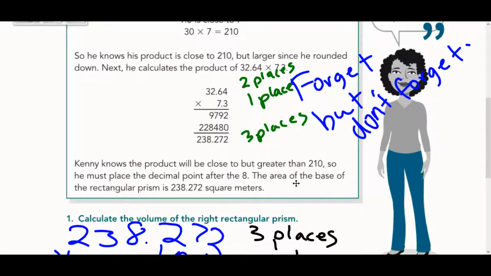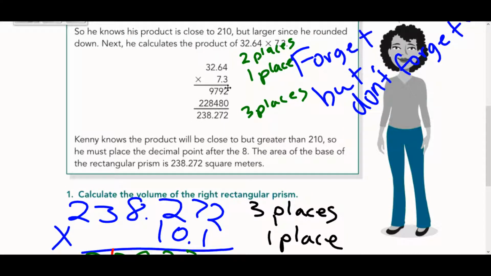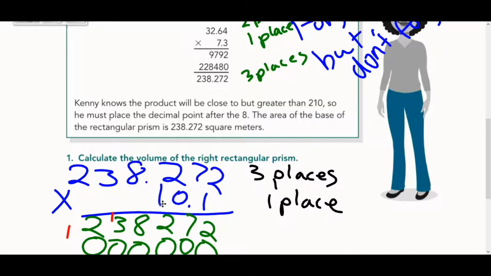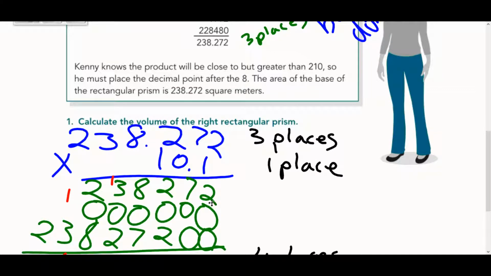Then we are not done, because that is just the area of the base of this shape that we had on the previous page. So now we need to multiply by 10.1. And the way we're going to do that is forget but don't forget. So I'm just going to multiply these two numbers, and remember to bring down a 0 for the place values, because at this point you're multiplying by tens and hundreds.